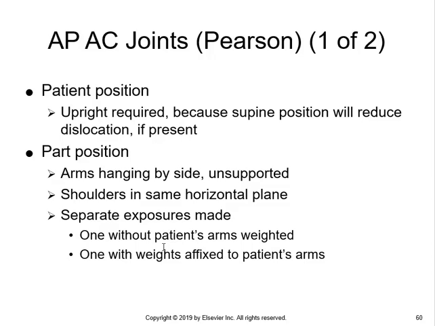So get the patient upright, put your image receptor in the wall bucky, and if you're using a rectangular image receptor, it is going to go in crosswise so that you can take advantage of the full length of the image receptor.